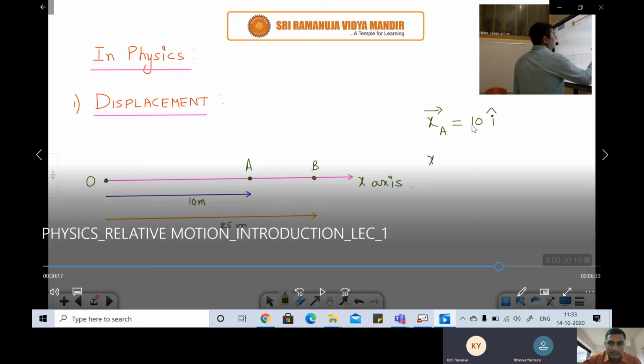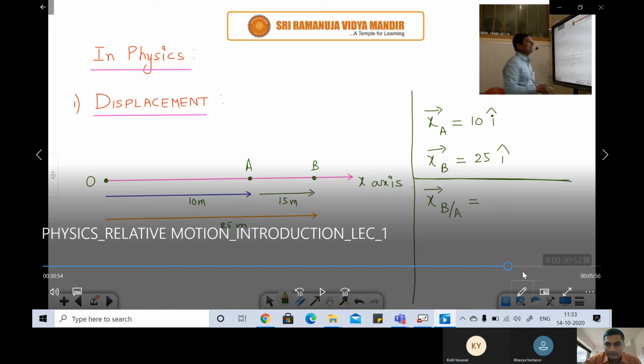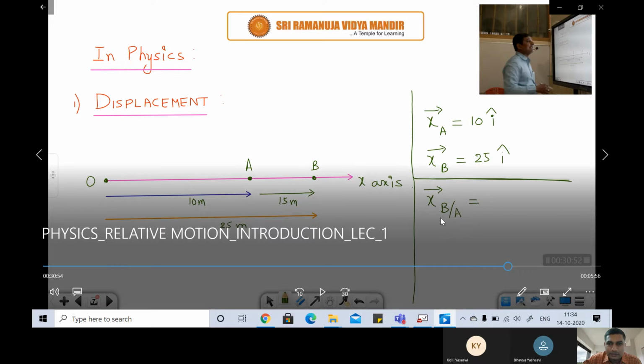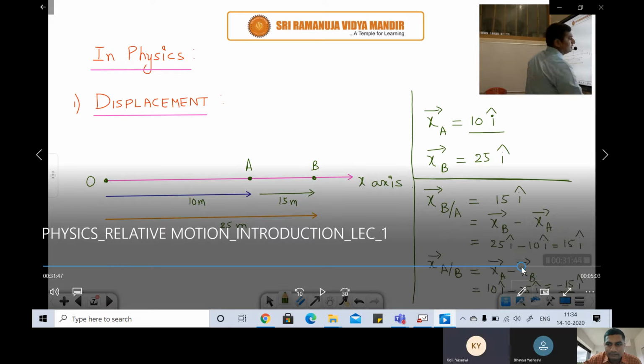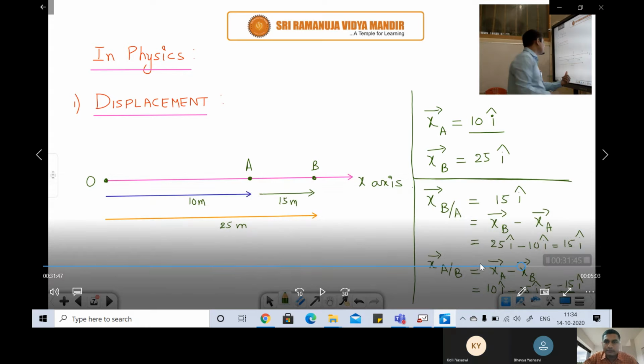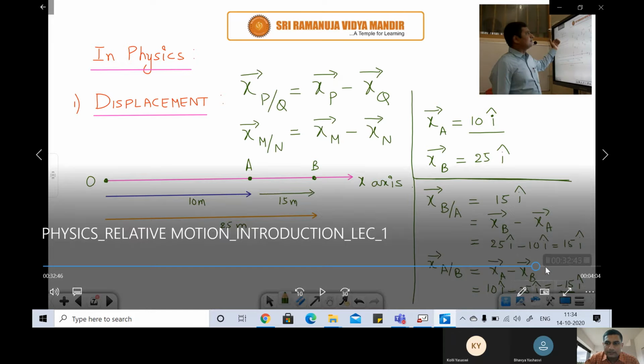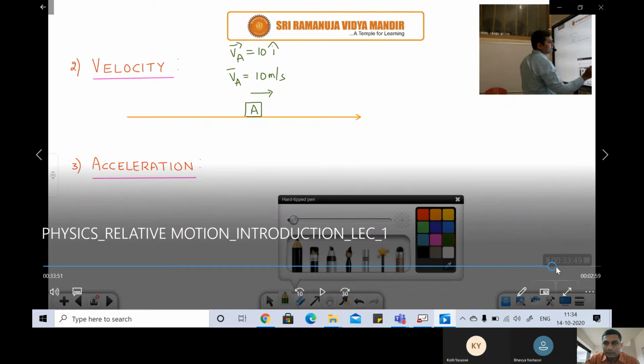What is the position of B? 25 meters. So what is the position of B with respect to A? 15 meters, correct, 25 minus 10. What is the position of A with respect to B? Minus 15 meters. That means with respect to B, it is 15 meters on the left side.